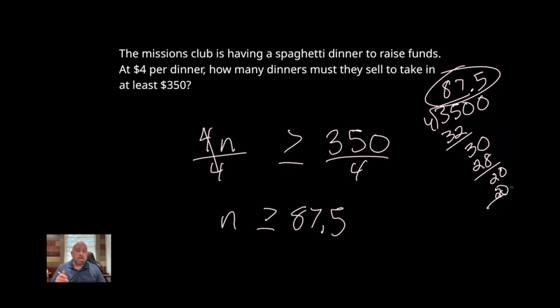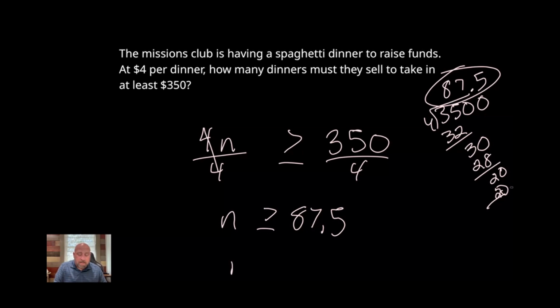87.5. Now, before you just write that as an answer, let's go back up and read the question. The Missions Club is having a spaghetti dinner to raise funds. At $4 per dinner, how many dinners must they sell? Can you sell 0.5 of a dinner? No, you cannot sell 0.5 of a dinner.